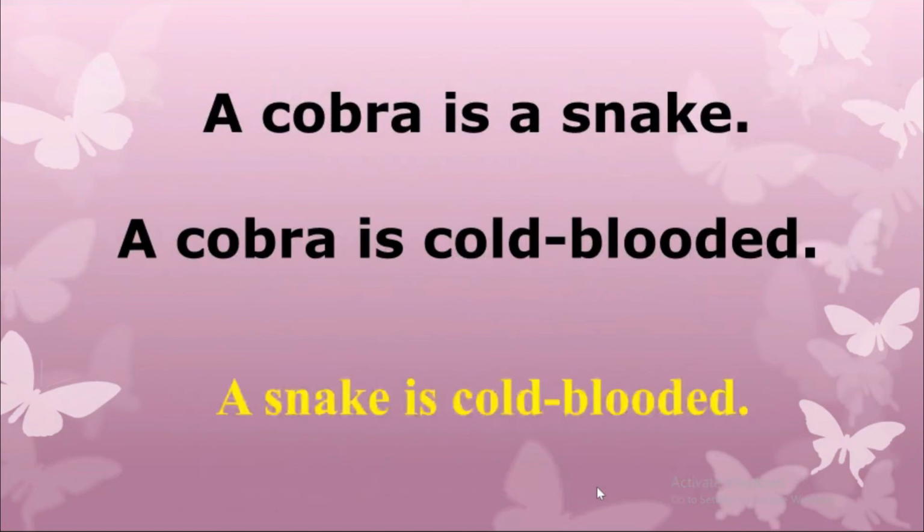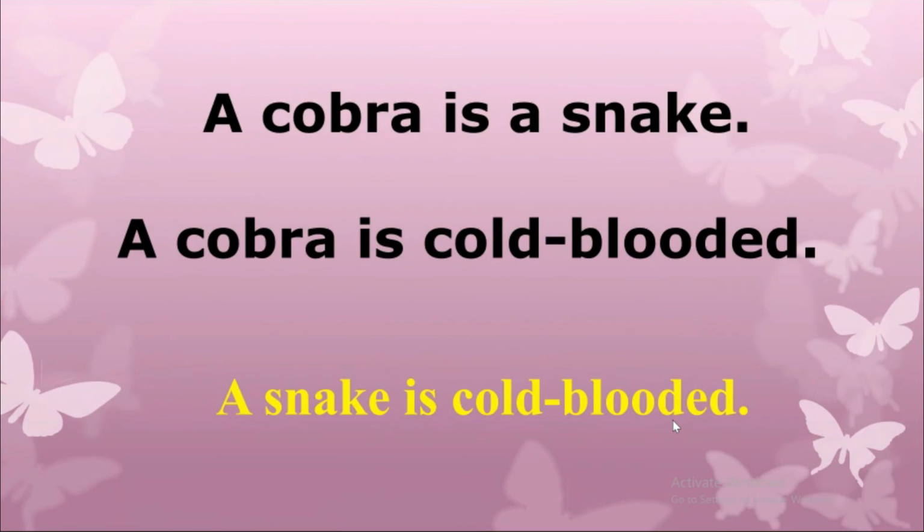We have a snake is cold-blooded. The technique for deductive reasoning is to simply combine the two statements by removing the common facts or phrase. Now, since both pertains to cobra, then we can say that a snake is cold-blooded.